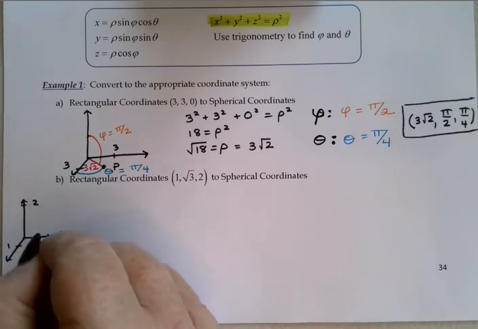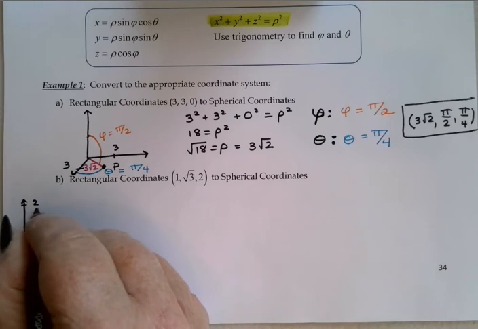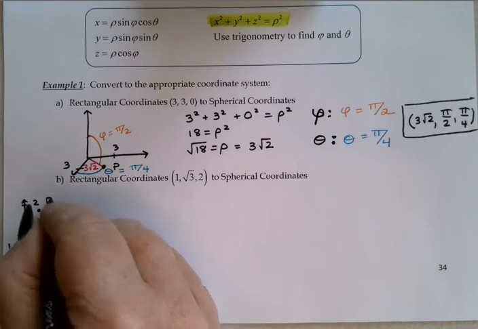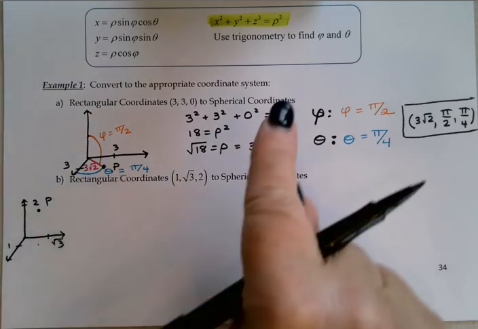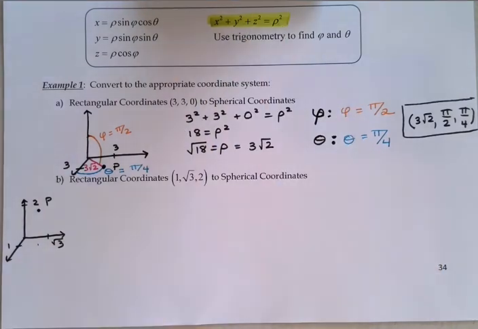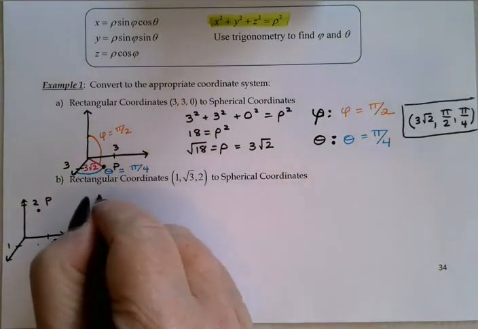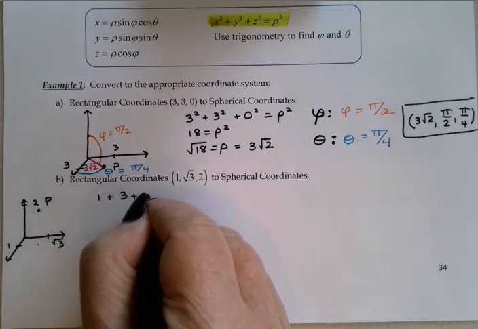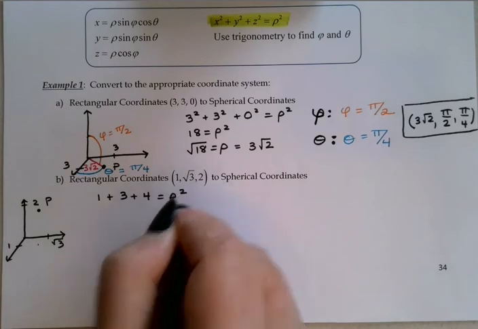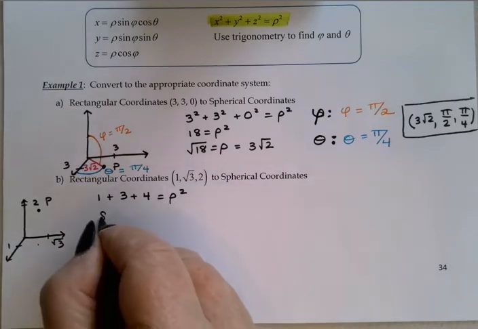And so let's see, I would be at 1, square root 3 about here, and I would go up 2, so I'm going to be roughly there. I'll use my equation, x squared plus y squared plus z squared equals rho squared, to calculate rho. So squaring these, I'd have 1 plus 3 plus 4 equals rho squared.